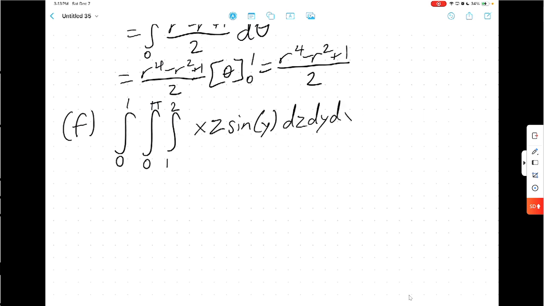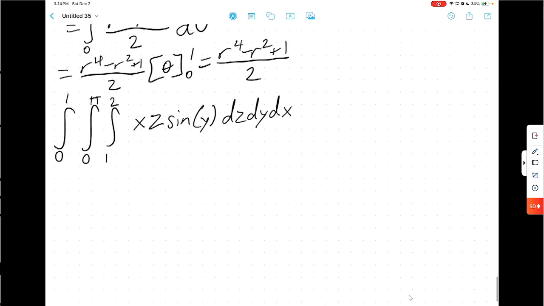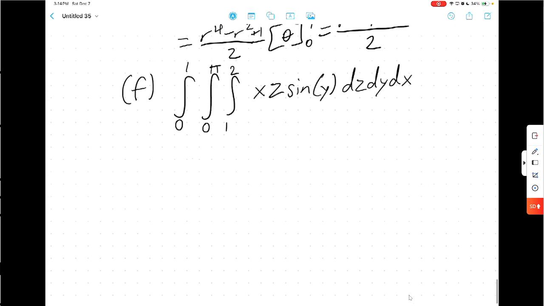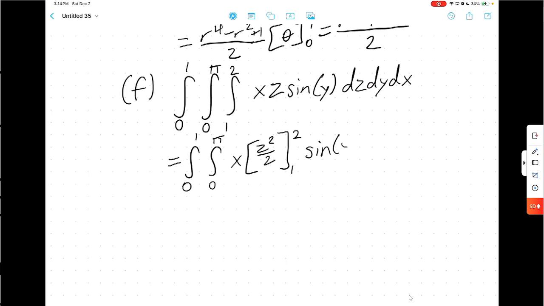dz, dy, dx. Okay. Z squared over 2 evaluated from 1 to 2 sine of y dy dx.